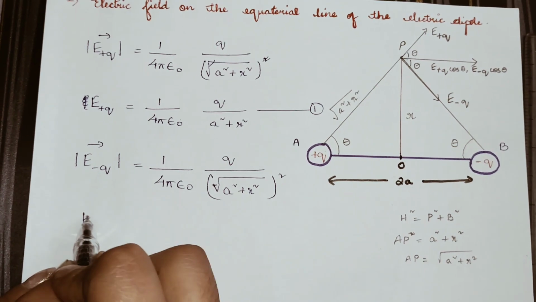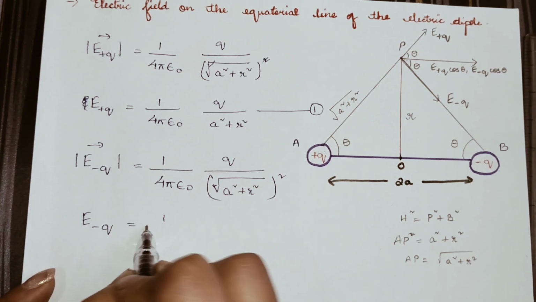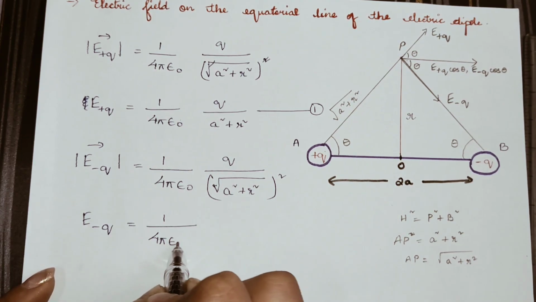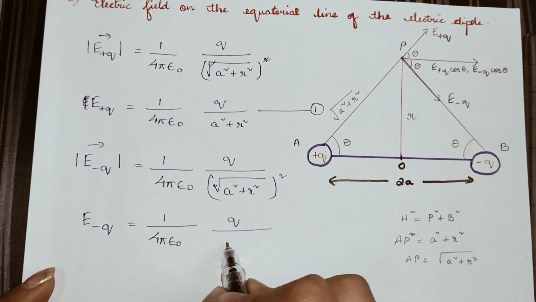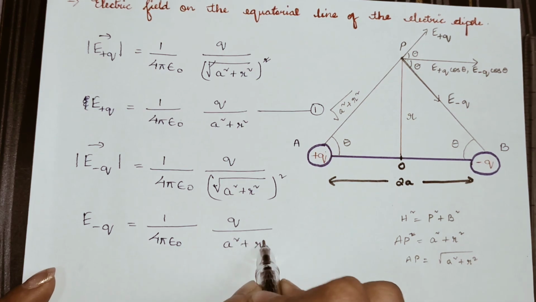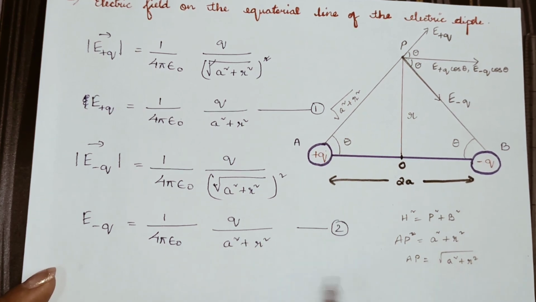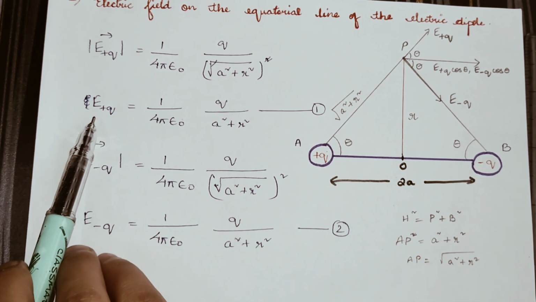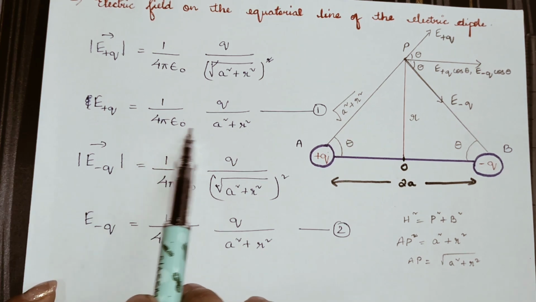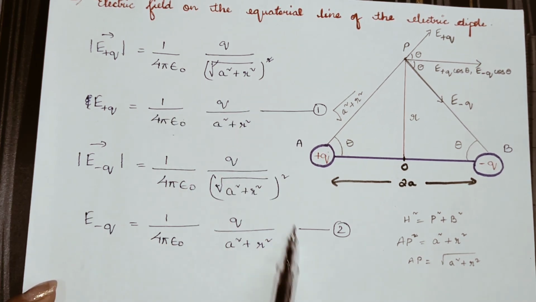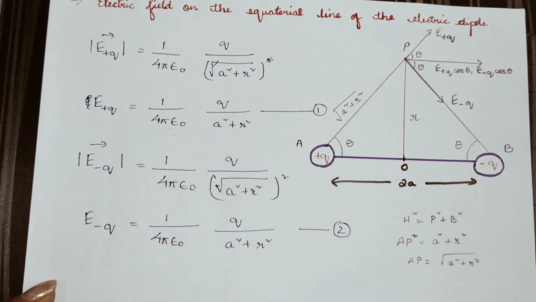So I have my equation, which is 1 by 4 pi epsilon naught Q divided by a squared plus r squared, equation number 2. Now if you look carefully, E plus Q and E minus Q are equal, the same thing, because they have the same magnitude.